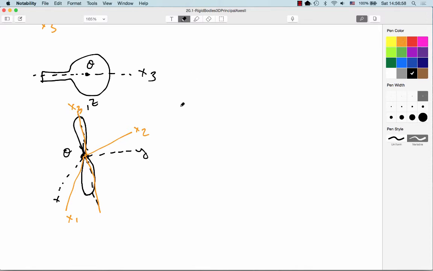All right, so with that, my moment of inertia tensor, since I know that x3, or z, is a principal axis, the products of inertia, the 1,3 and 2,3 products of inertia, have to be 0. So my matrix has to look something like this.